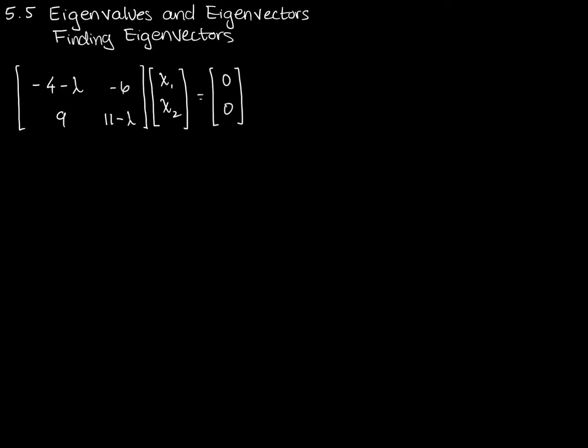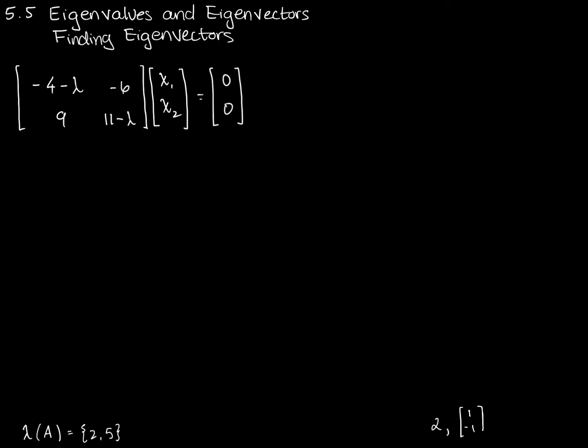Okay, here's my working line again. The spectrum of A was 2 and 5, and I'd already worked out that the eigenvector for 2, there's the eigenvalue, the eigenvector was 1, -1.